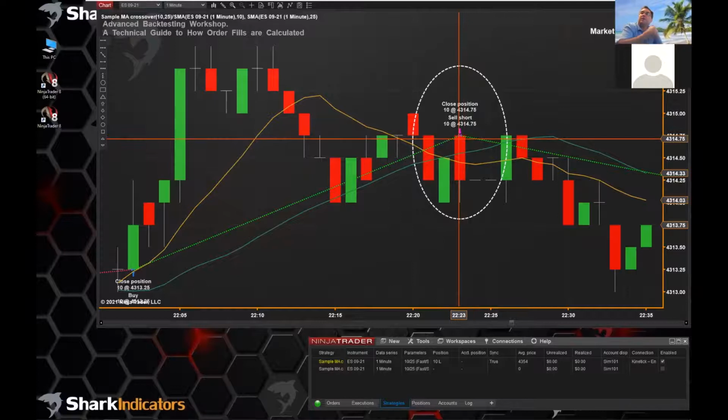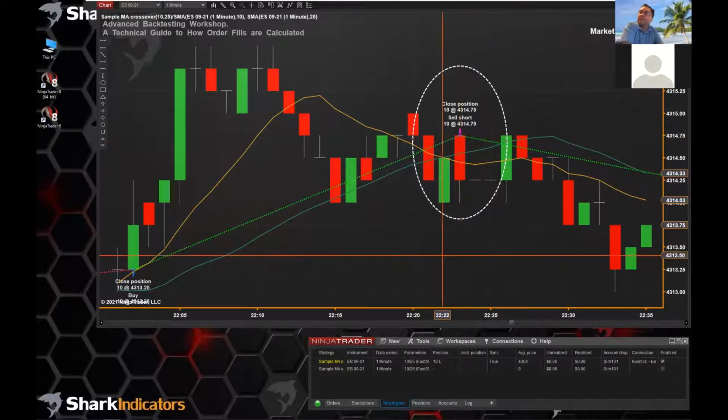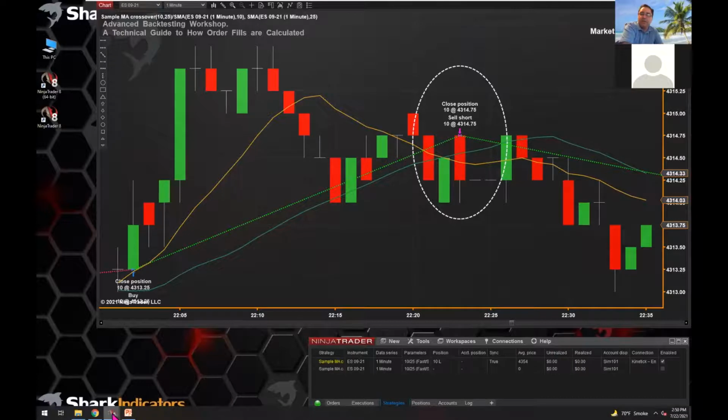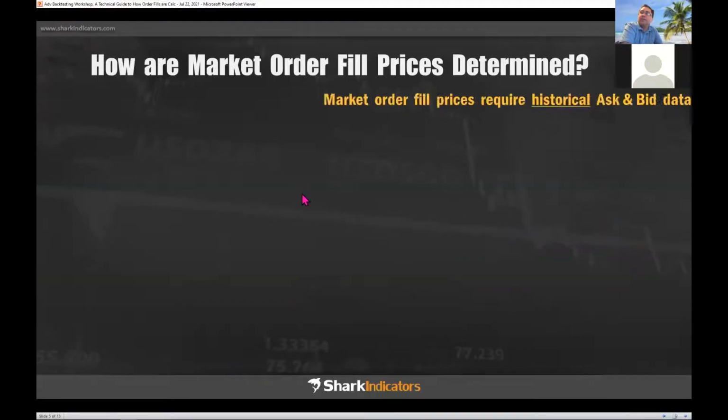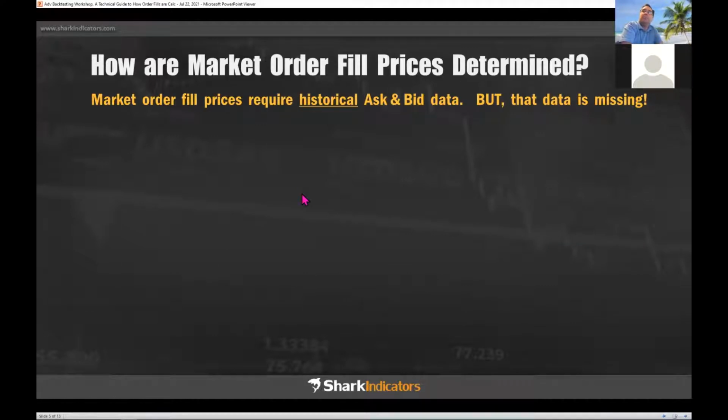But of course, the charting platform doesn't have all the information that it needs to know exactly where your market orders are going to get filled, right? So it's going to take a look at what is needed to know where a market order does get filled, right?